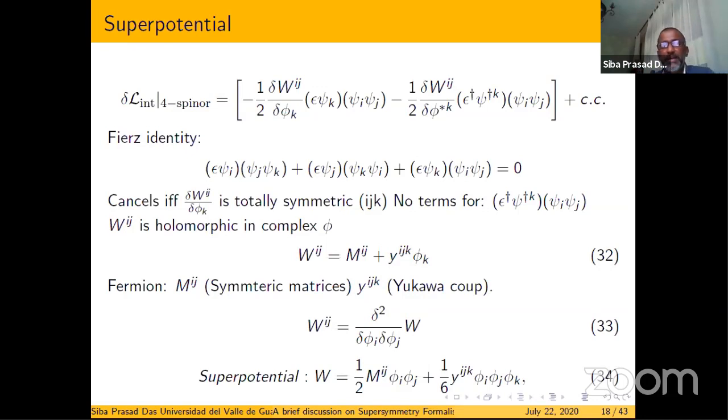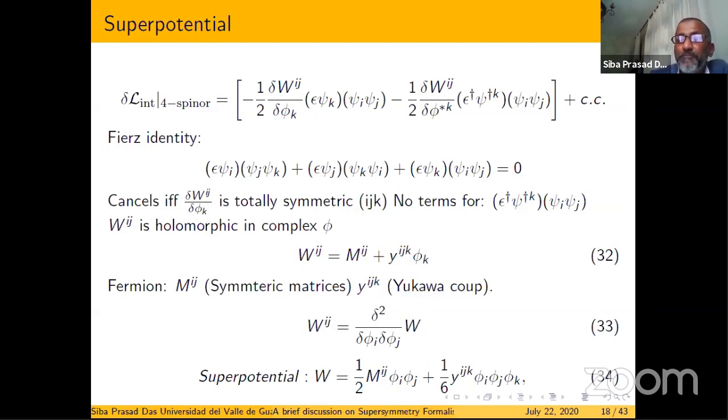So I have to exploit the Fierz identity on the supersymmetric transformation of the L interaction of the four spinor part.